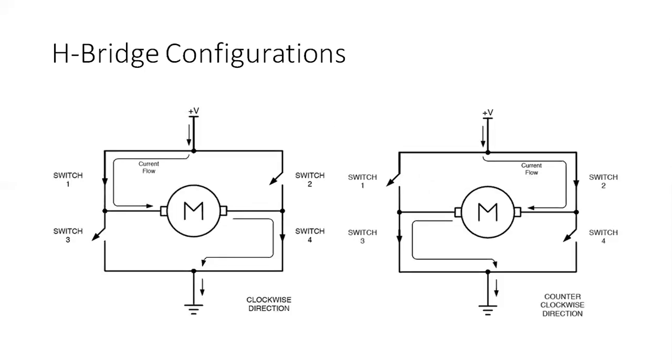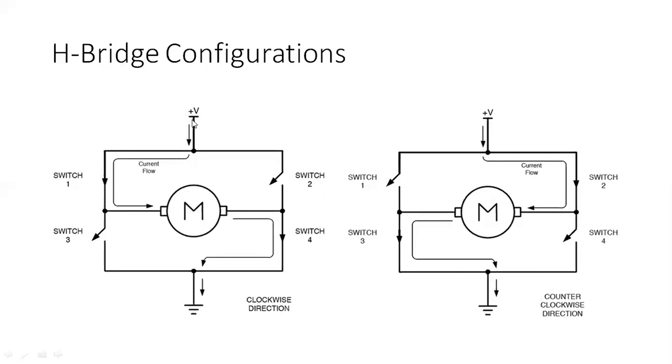In the next H bridge configuration, I want to run the motor in the clockwise direction. This is already connected to the plus 12 volt supply. From the supply, if I want to run the motor in the clockwise direction, switch 1 and 4 will be closed. The remaining switches 2 and 3 will be open.